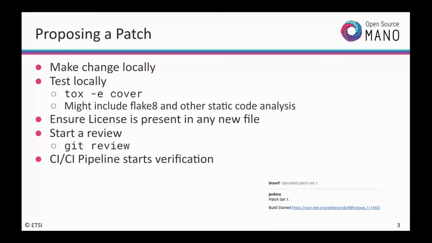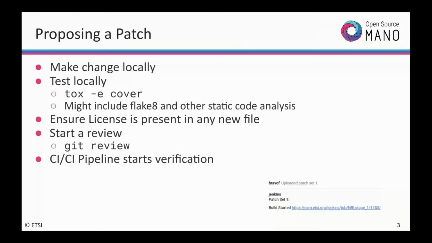If you do add a new file, we do need to make sure the license is present in it. Exceptions are made for things like a JPEG image or certain, I believe, JSON or some other markup languages that do not support comments. So any language that doesn't support comments, you won't be able to put a license in, and that's understood. We have an exception for that.